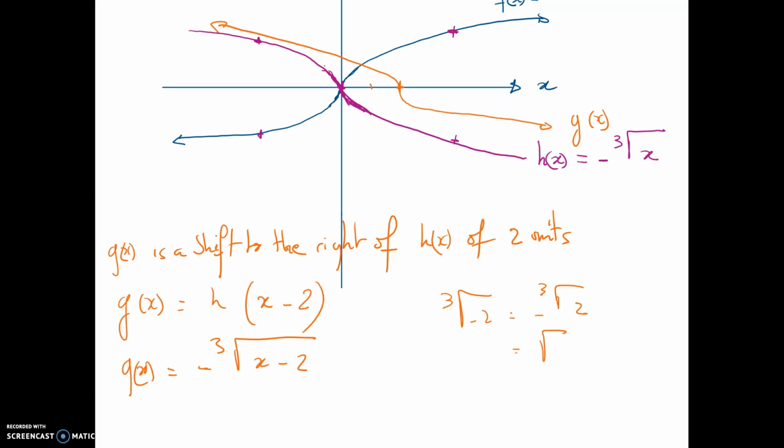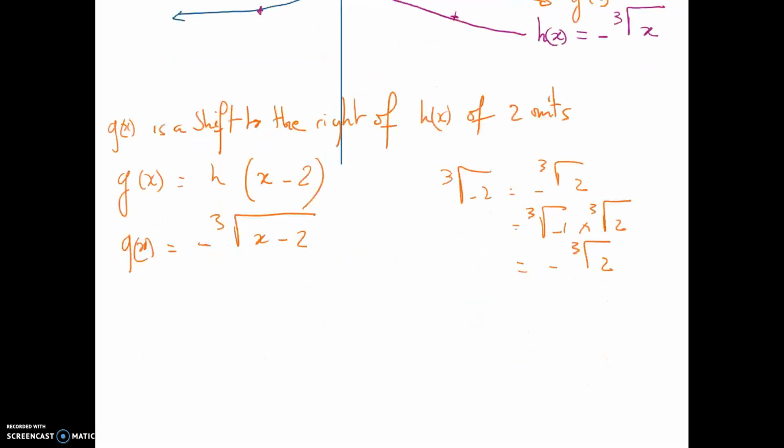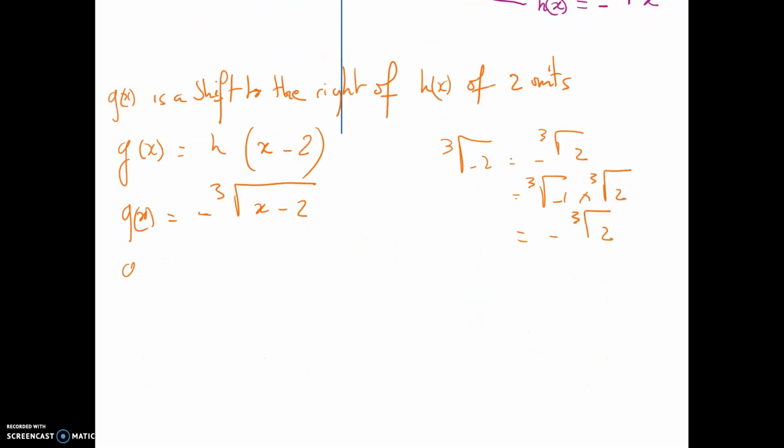Because we are dealing with the cubic root of negative 1 multiplied by the cubic root of 2, and the cubic root of negative 1 is minus 1. Therefore, I can also express g of x as the cubic root of minus x minus 2, which is the cubic root of negative x plus 2.